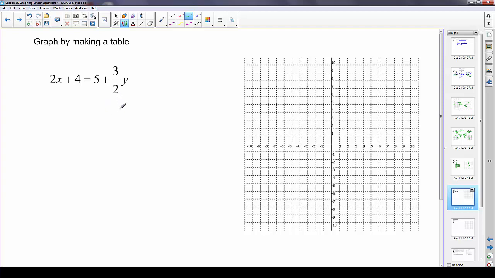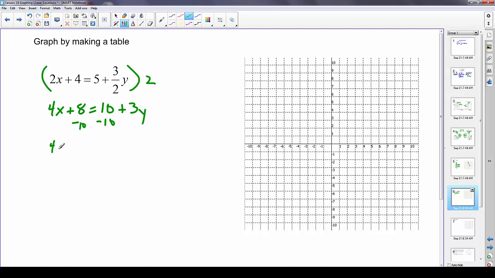And we're going to try to simplify by getting y by itself. I'm going to clear this fraction. So multiply by 2, get 4x plus 8 equals 10 plus 3y. I'm going to get y by itself, so I'm going to subtract 10.